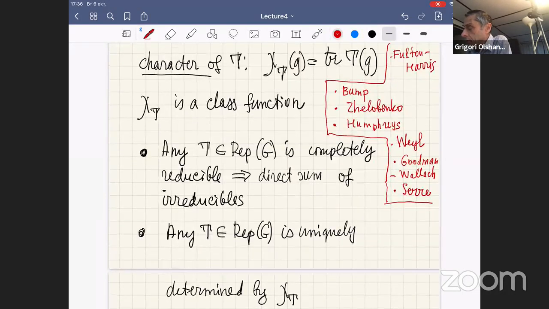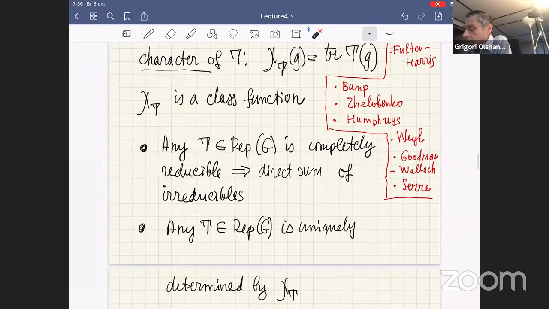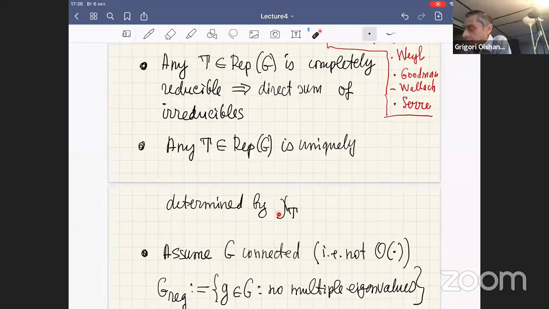So what do we need? I don't want to prove this because this is more or less standard. Any representation is completely reducible, which means that it is a direct sum of irreducible representations. Any representation of our class is uniquely determined by its character.